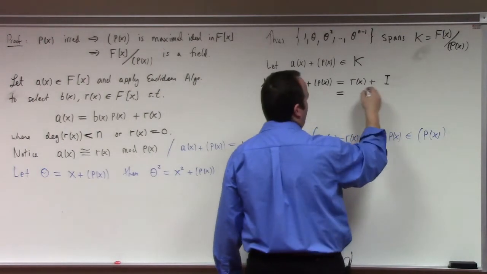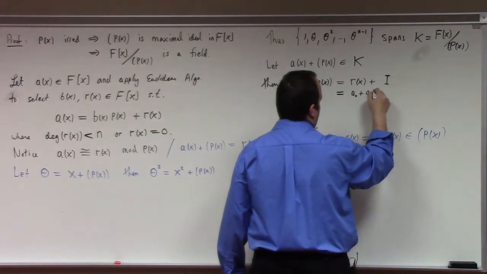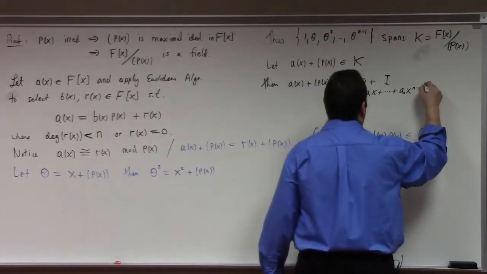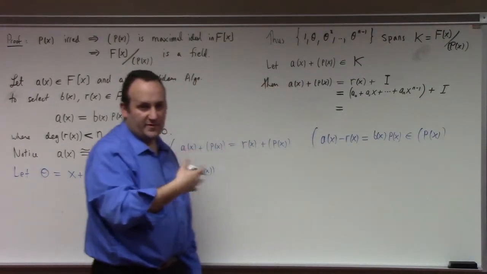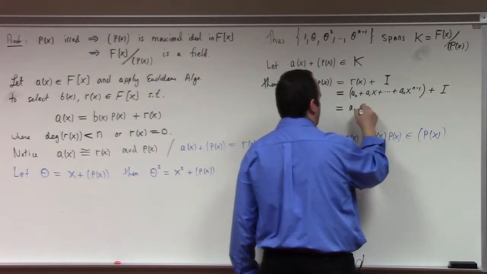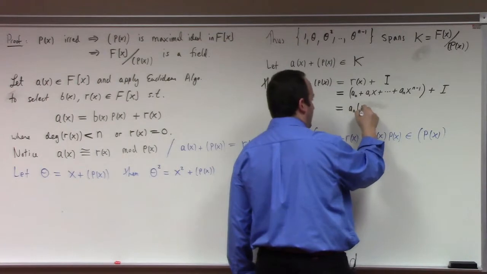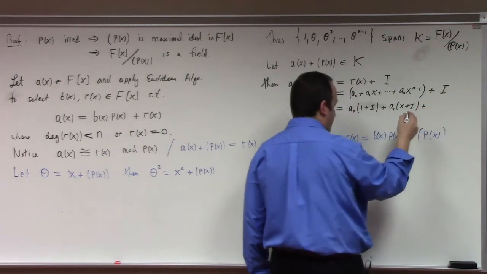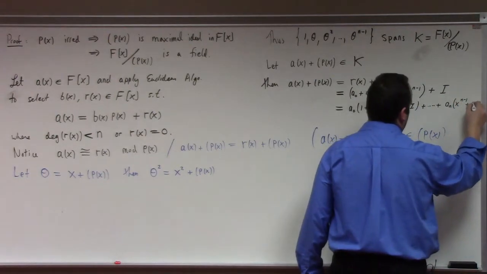So r(x) of degree n minus 1 means I can write it as a0 plus a1 x plus and so on, plus a(n-1) x to the n minus 1, plus I. But then by properties of coset arithmetic, this can be rewritten as a0 times (1 plus I) plus a1 times (x plus I) plus up to a(n-1) times (x to the n minus 1 plus I).